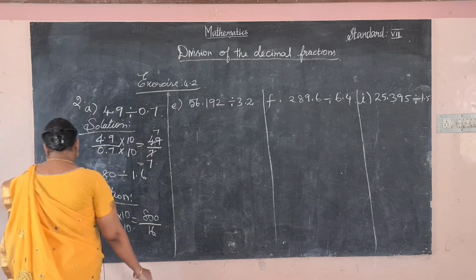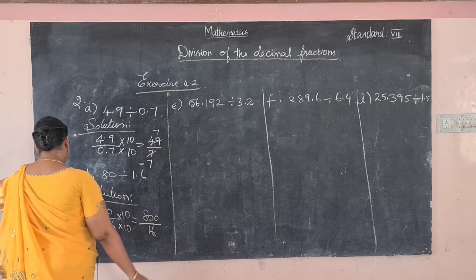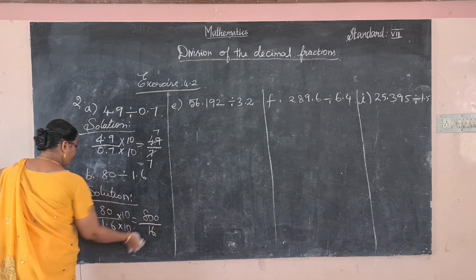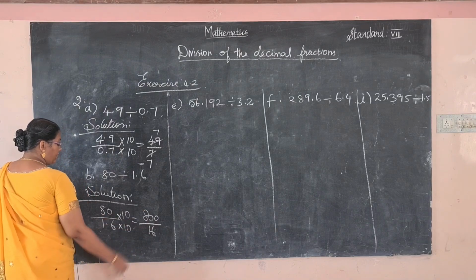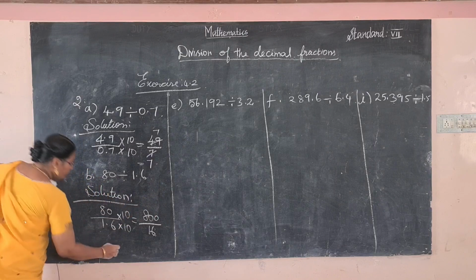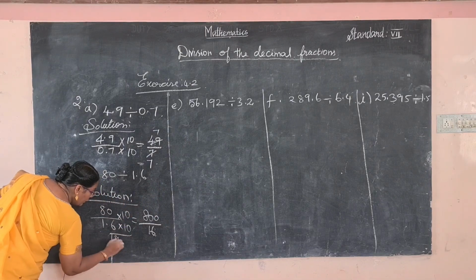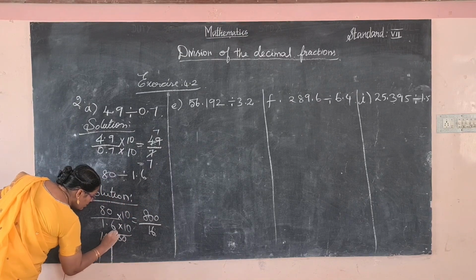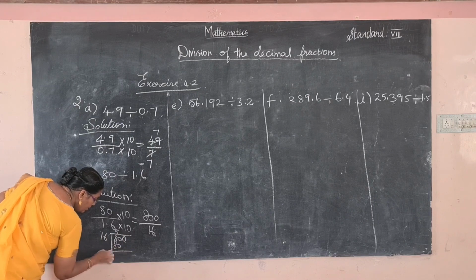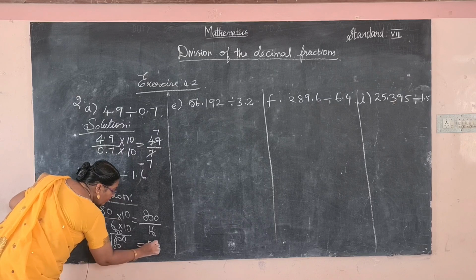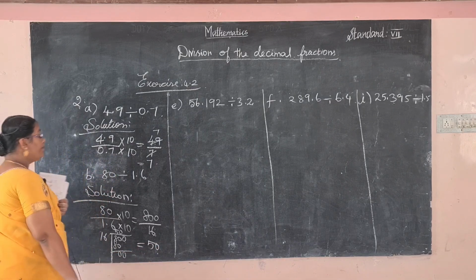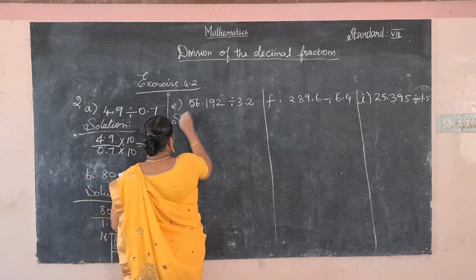How many times does 16 go in? 16 fives are 80, so 800 divided by 16, add 0, gives 50 times.